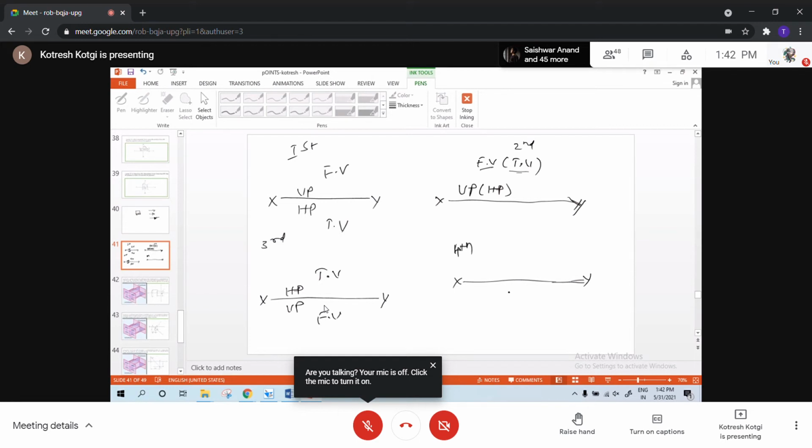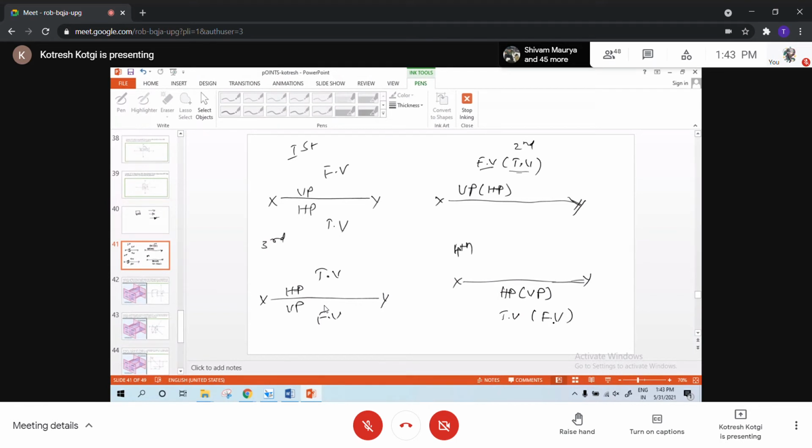Both will come below the XY line, right? Yes or no? Yes, sir. Then top view and front view both will come below the XY line in the fourth quadrant.